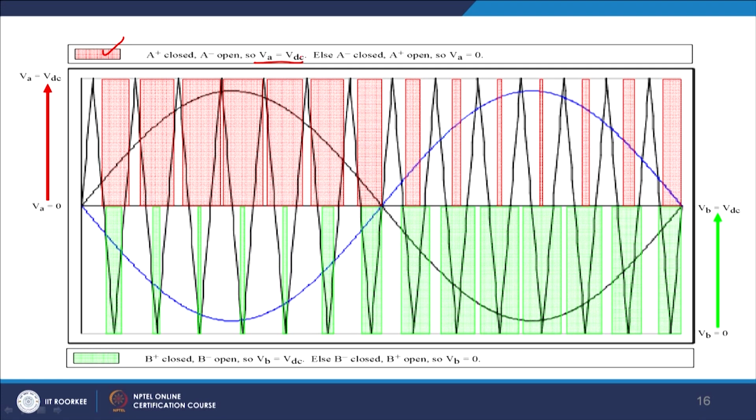Otherwise you will close minus A and plus A will open and you will get a 0 voltage, not minus VDC, mind it. Similarly, in the lower half, plus B closes and minus B opens, you get VB equal to VDC, and otherwise you get VB equal to 0.